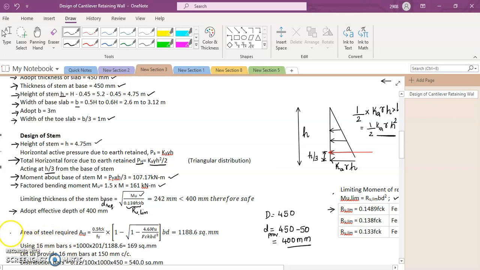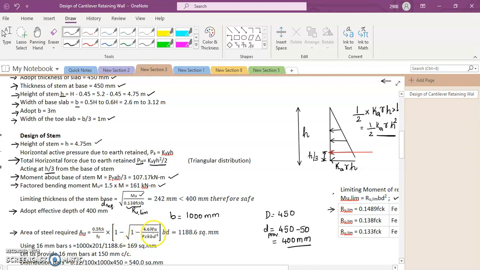Next, the area of steel we have to find out, and it is given by this formula, 0.5 fck upon fy and so on. Remember, when we are designing a slab, we take the width as 1 meter, which is 1000 mm. So we substitute the values of fck, fy, Mu.